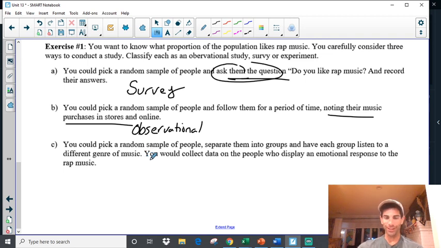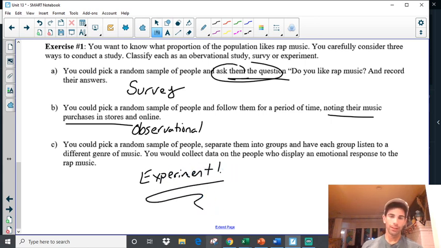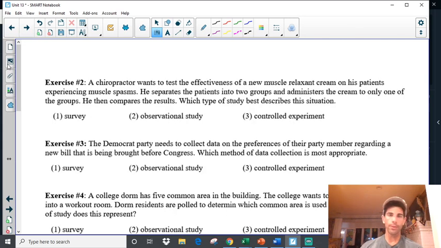You would collect data on the people who display an emotional response to the rap music. And then that one is going to be an experiment. So you're separating the group, and you're having them listen, so that's how you're going to be looking at that experiment there.